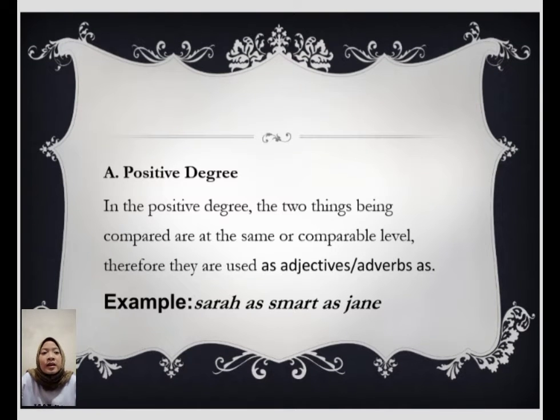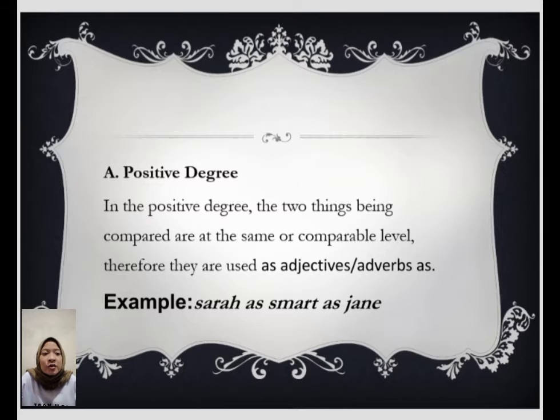Number 1, or A, positive degree. In the positive degree, the two things being compared are at the same or comparable level.